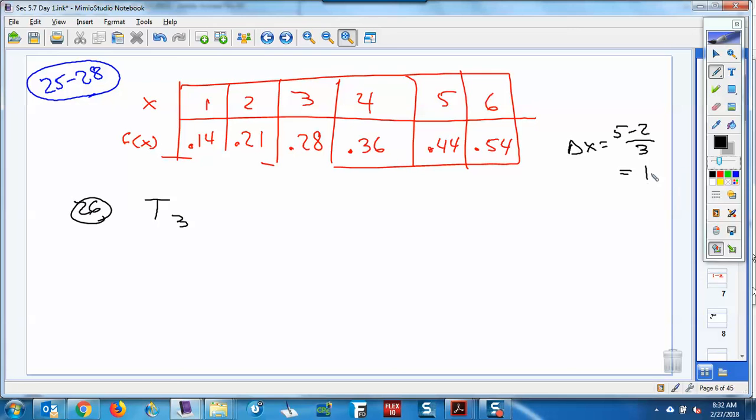Well, we're still going to have the same width over here, but now a trapezoid looks a little different, right? Again, we're still going from 2 to 5. So what's a T3 look like? Well, what would be my first trapezoid?